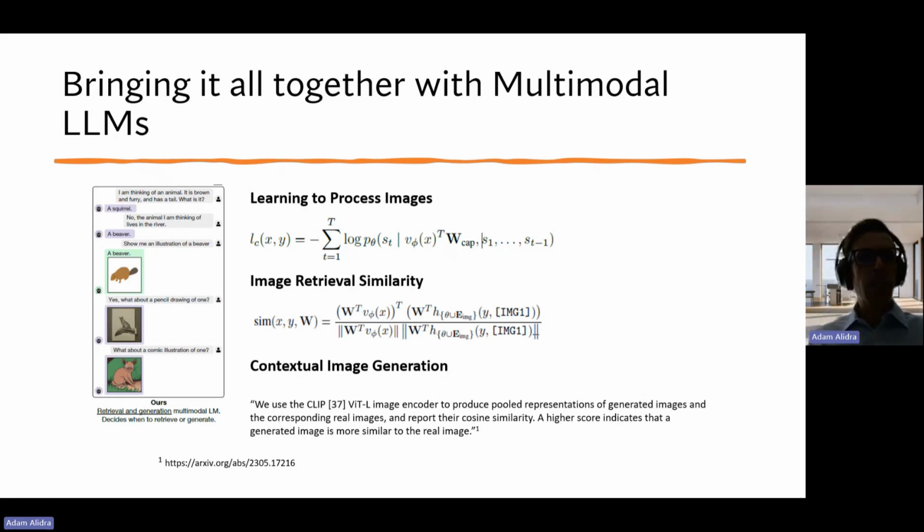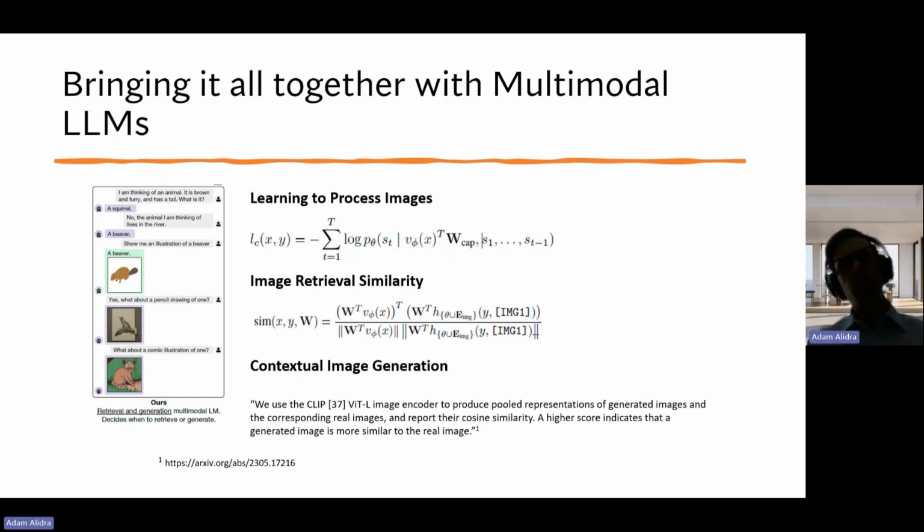So what you're looking at here is learning to process images through that equation up top. And so the idea here is they first extract visual embeddings with a pre-trained visual backbone, and its weights, in other words theta, and the LLM weights are basically kept frozen. And then they learn a linear mapping, W, which maps into a sequence of k e-dimensional vectors that they use as inputs to the large language model.